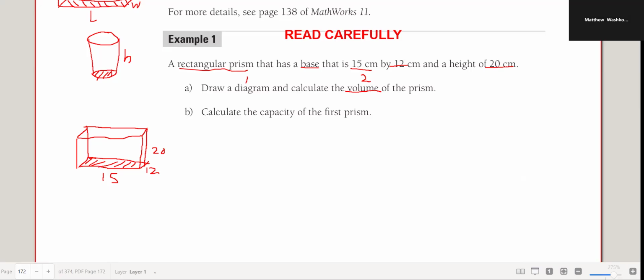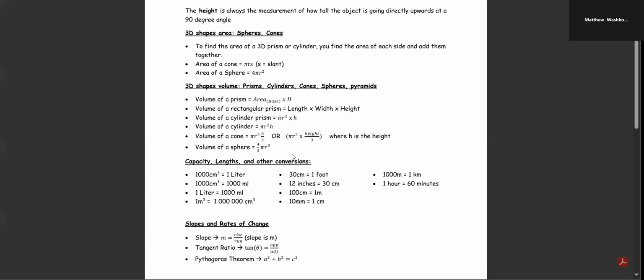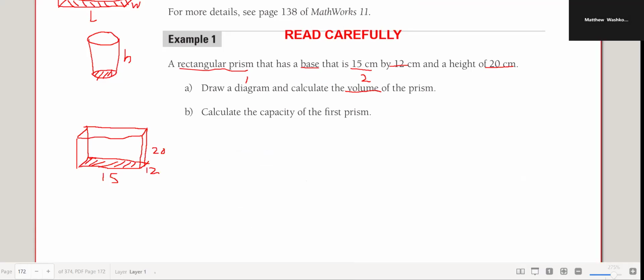What is the formula for volume? Again, it's really universal. Now, I've tried to give you a couple of them, but at its core, it's this. It's the area of your base times your height. And I'm always going to go to that. So again, the volume of a prism is equal to the area of my base times my height.